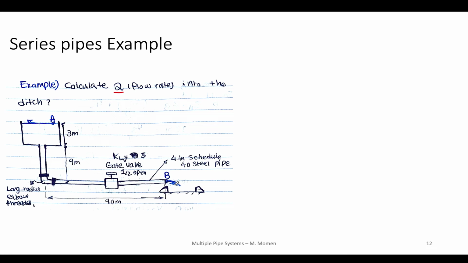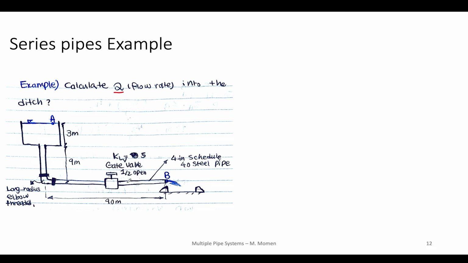Okay, and this system, as you can see, consists of series pipes. So here we have a pipe, and then we have an elbow which is connected to the second pipe, and then we have the third pipe after the valve, the gate valve.